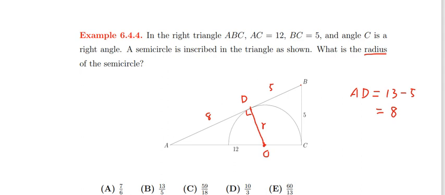So here we have this. Let's say we have a large triangle. We say right triangle ADO, and the triangle ABC.